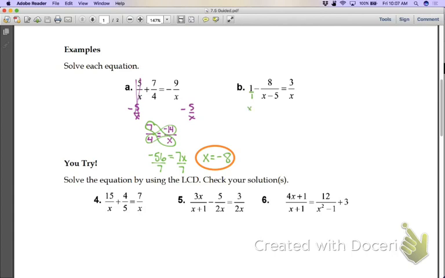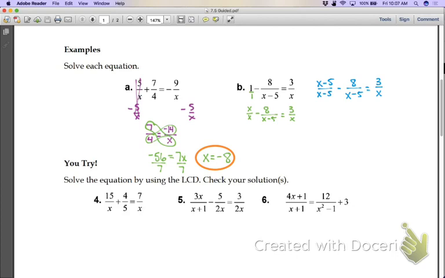What else could we have done? We can make this x over x minus 8 over x minus 5 equal to 3 over x. Or we could have made it x minus 5 over x minus 5 minus 8 over x minus 5 equal to 3 over x.